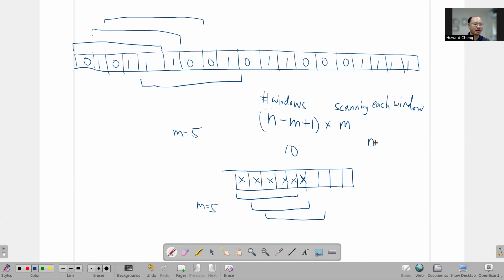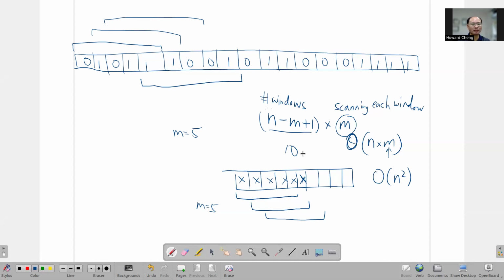So let's just call it n times m as an upper bound. And m is at most n, so in the worst case, m is kind of like n. So it's n squared.